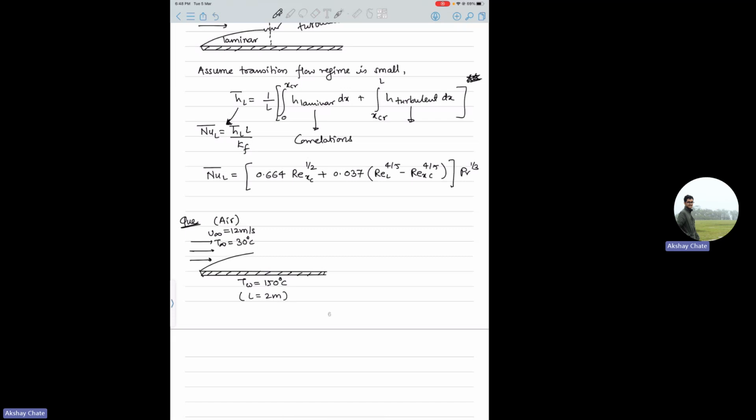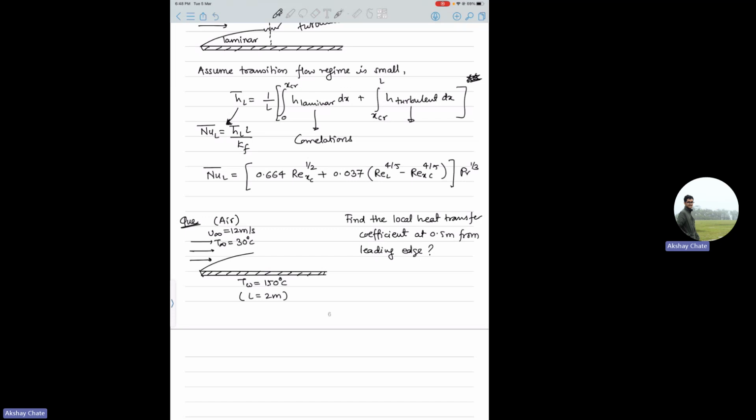And now it is asked to find the local heat transfer coefficient at 0.5 meters from the leading edge.